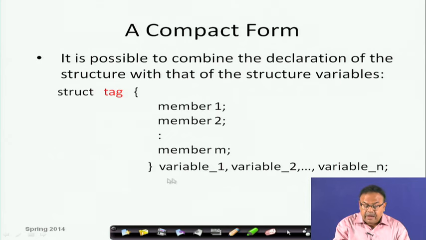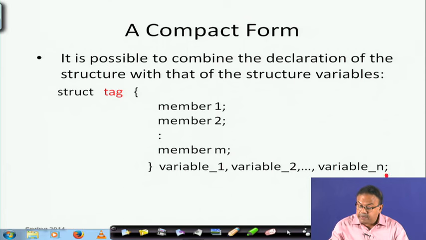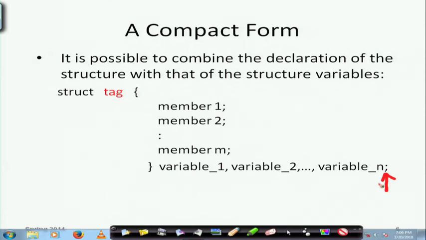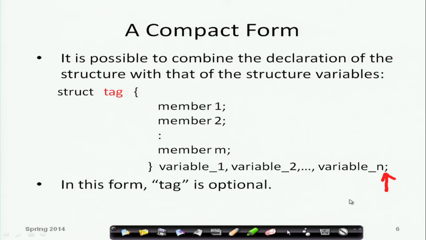And then I could have put the variables A1, A2, A3 inside this. Note that here the semicolon is coming here, that is the end of the definition. So, here I have done it in a much more compact form compared to the earlier one. In this form, of course, this tag is optional.